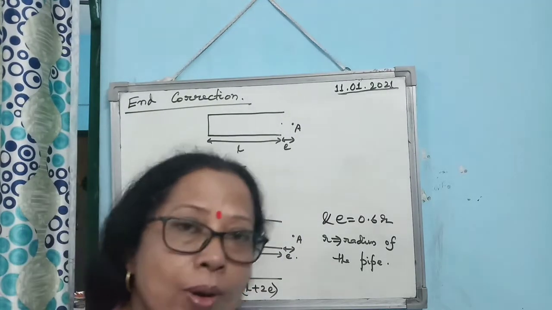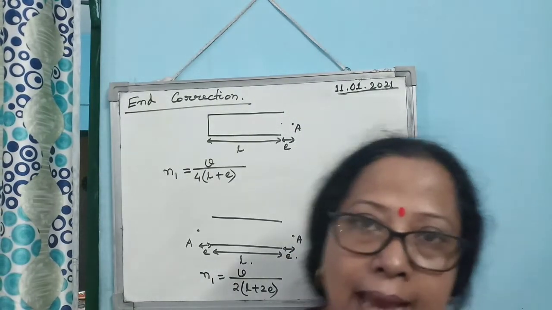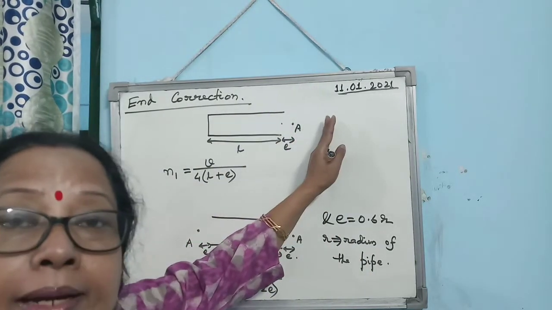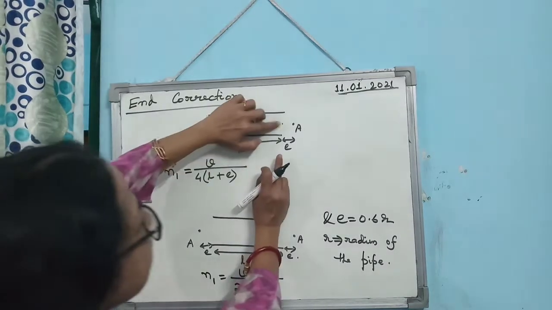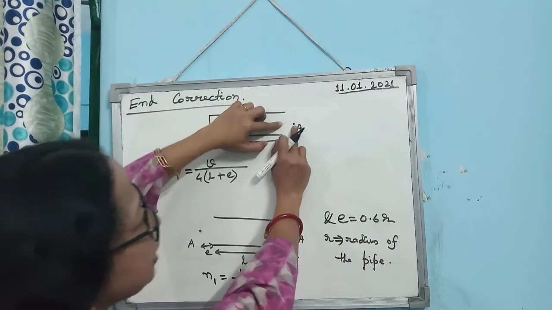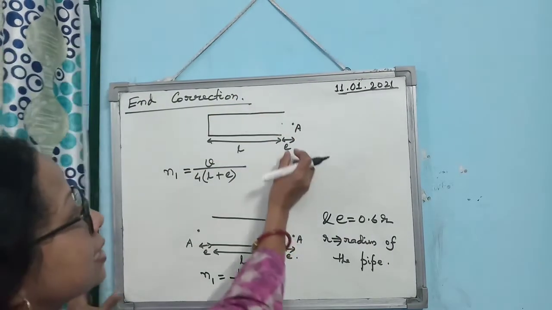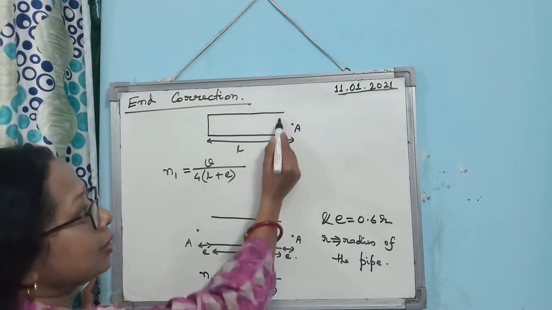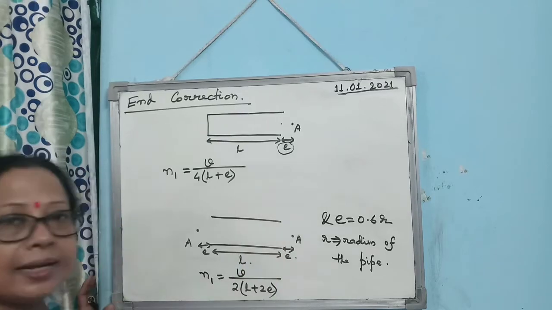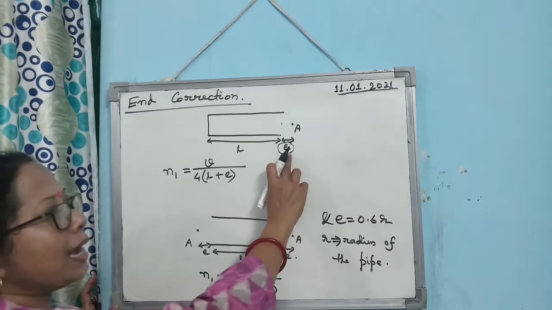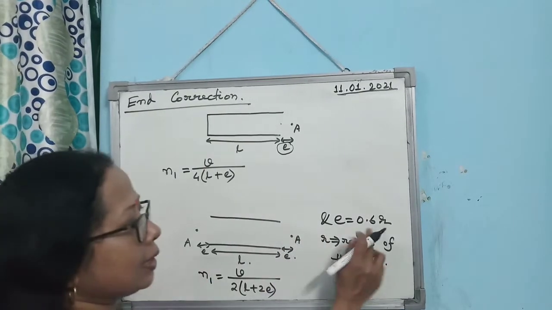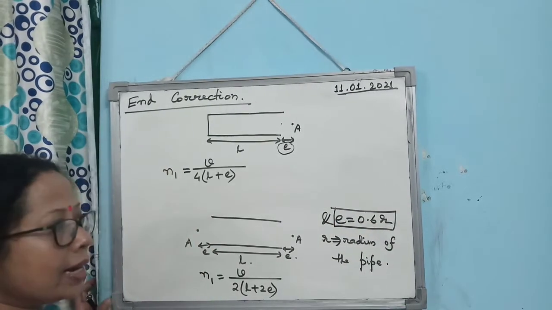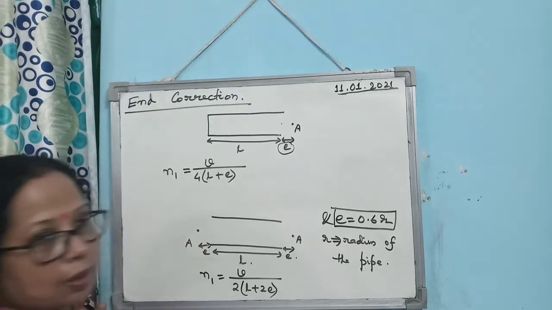But actually, the antinode is produced slightly outside the open end. So the distance between the exact position of the antinode and the open end is the end correction, denoted by e. And end correction is equal to 0.6 R, where R is the radius of the pipe.